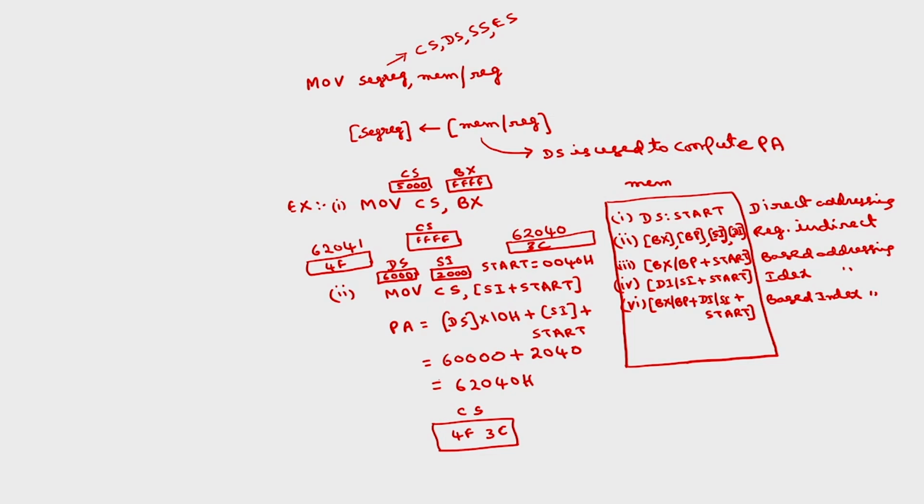From a segment register also we can load the contents into memory or register: MOV memory/register, segment register. No need to explain this, it is obvious; it is the reverse operation. So, these are the different move instructions present in the 8086 under the data transfer group, and the next instructions I am going to take are the load instructions.